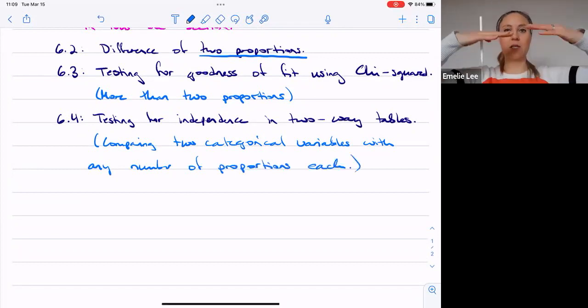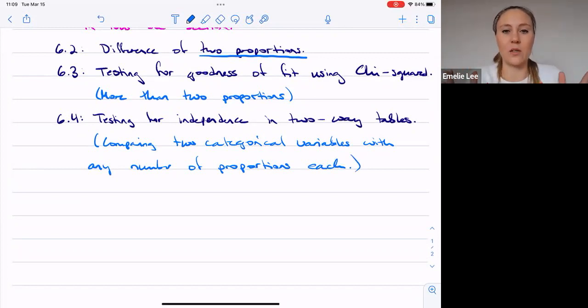So we're just going to scale it up and blossom out. We'll start with one sample proportion, which we've already seen, and then two proportions is the most common one that you're going to consider for most things that you're going to encounter in life, especially if you're in the biology section. And then if we have more than two proportions, what can we do? We can use the chi-squared.